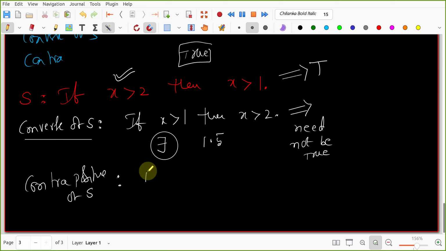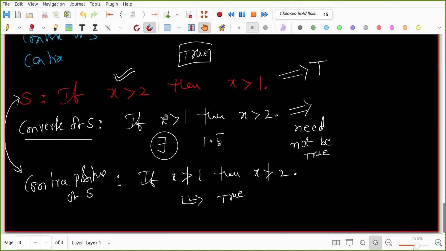If we consider x greater than 2 as p and x greater than 1 as q, then if p implies q, not q always implies not p, and q does not always imply p. The converse may or may not be true, and the contrapositive is always true if the original statement is true. So you are saying that if S is true, the contrapositive of S is also true.